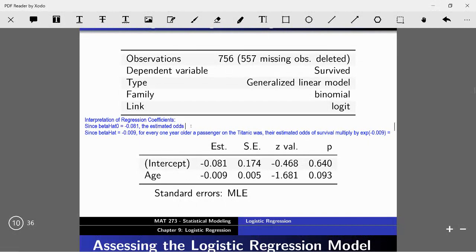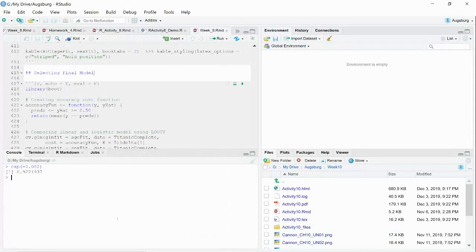But we don't want this on the log scale, so we're going to say the estimated odds of survival for a newborn on the Titanic is about, and then again we have to calculate what e to this value is.